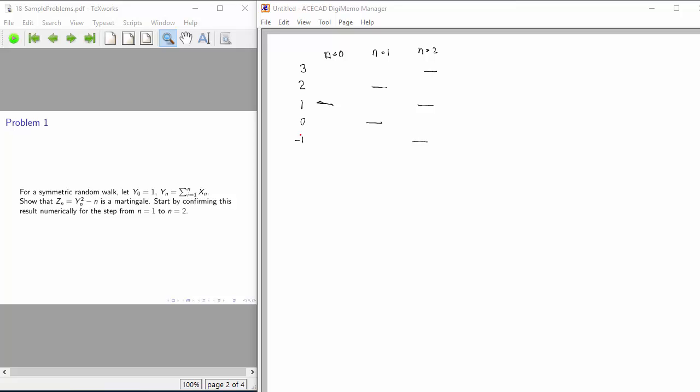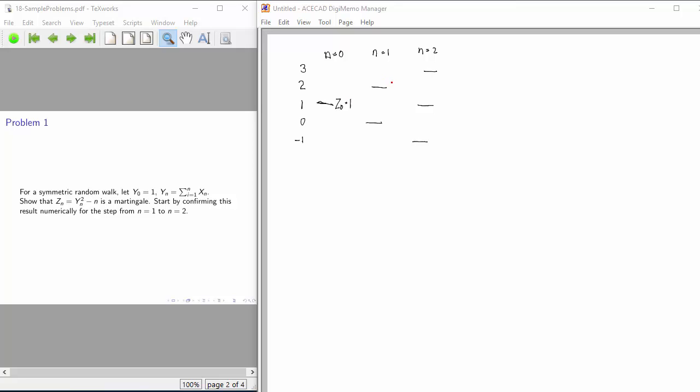Now, what's surprising about this is not only that y sub n is a martingale, but also the new random variable, which I'll call z sub n, y sub n squared minus n, is a martingale. So let's write in the values of that. That's 1 squared minus 0.